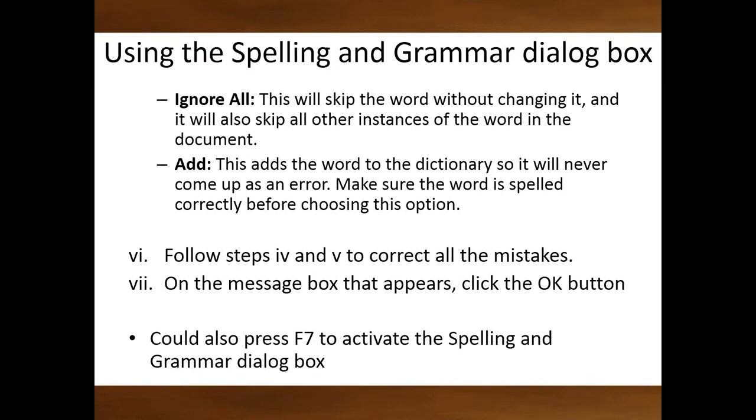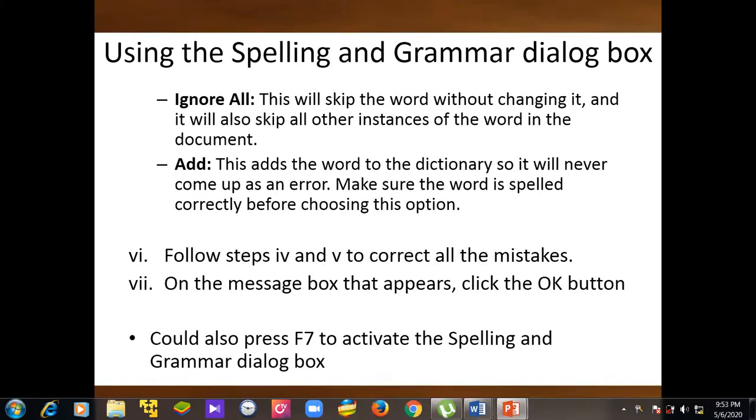So they will be identified as what? As wrongly spelled words. So in that instance, you just ignore. Or if you like, you can add, so it becomes part of the lexicon of the dictionary on the computer.